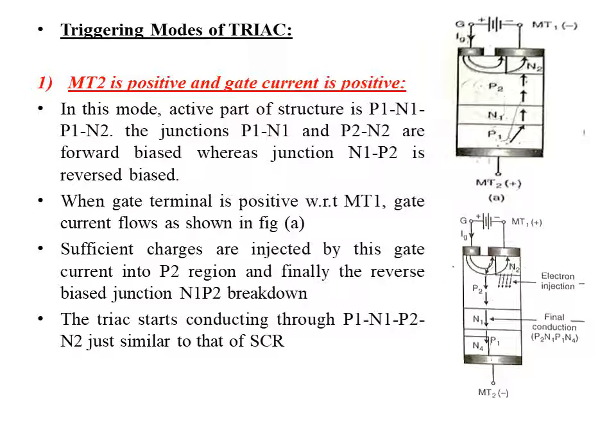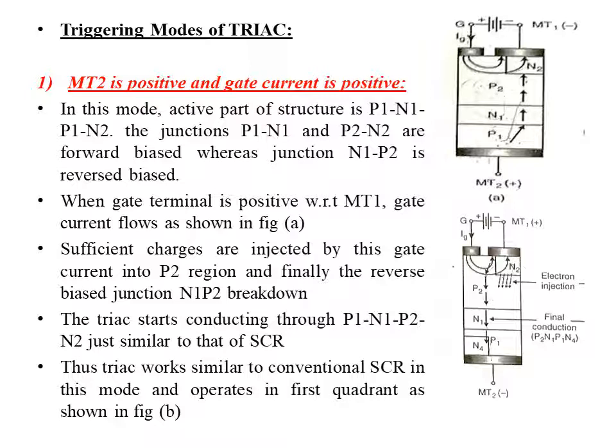So when we make the gate terminal positive with respect to MT1, the junction N1 P2, which was reverse biased, will break down, and when it breaks down, the current starts flowing through the region P1 N1 P2 N2. So this region starts to conduct, just similar to a conventional SCR.